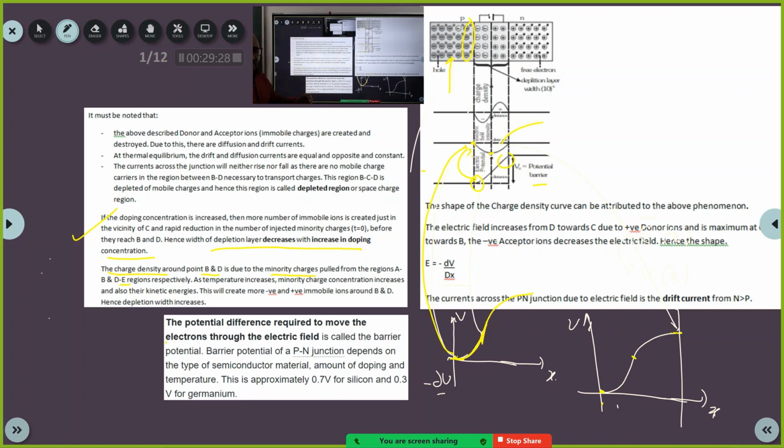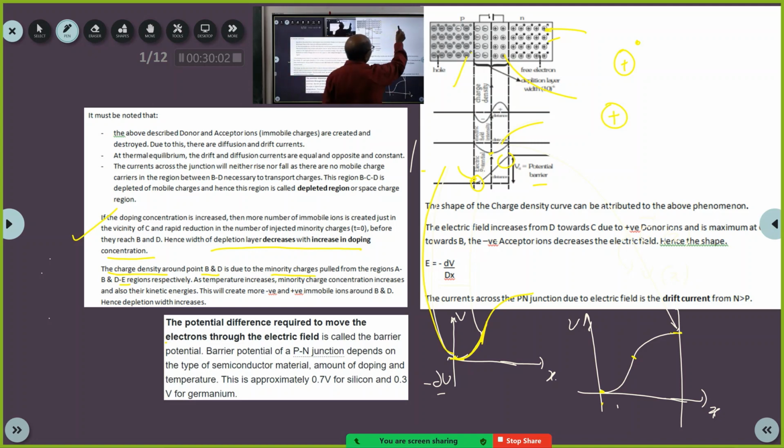The depletion layer increases in width means, now please understand the difference here. Here I am showing the ions as plus with a hollow ring and a dark one. I suppose you understand what hollow rings and solid rings mean.